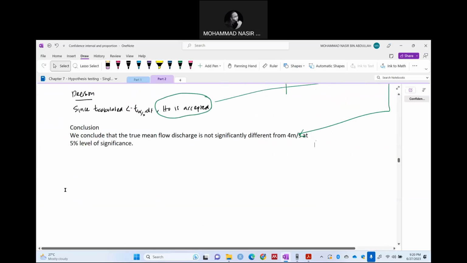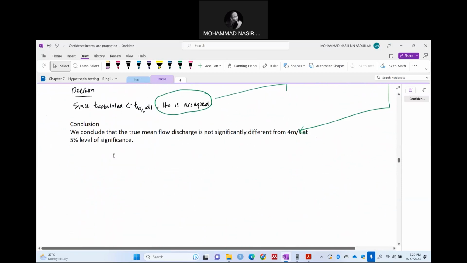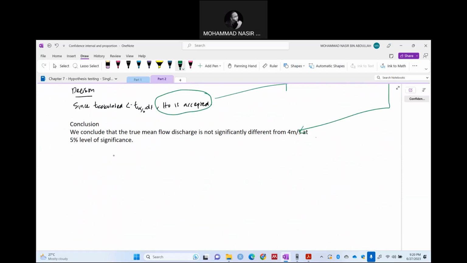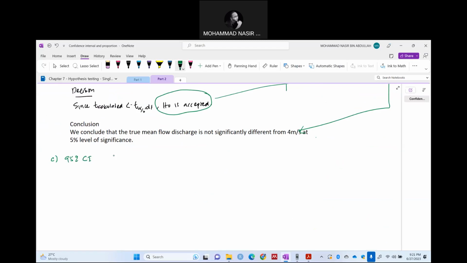No question? Then we move to the next question, which is to construct a 95% two-sided confidence interval on the mean flow discharge. What is your conclusion? We know that this is unknown population variance, and n less than 30. So this is a 95% confidence interval.